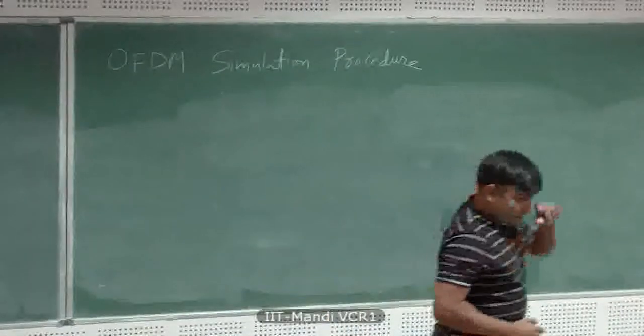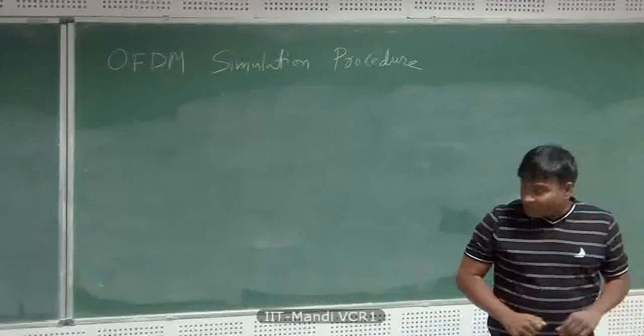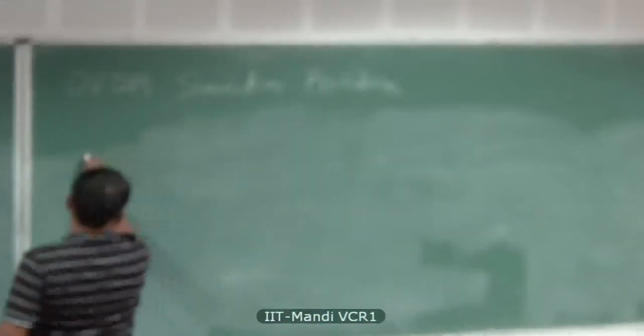So the first assignment was to simulate OFDM in a very simplified setting, right? Additive white Gaussian noise channel. There is no coding involved. So let's draw the block diagram format.